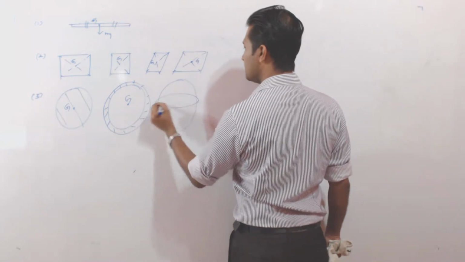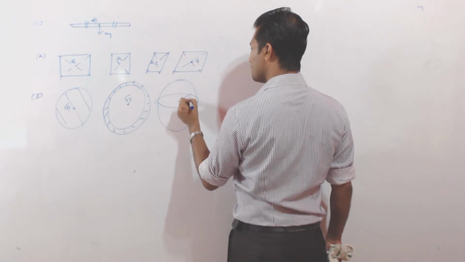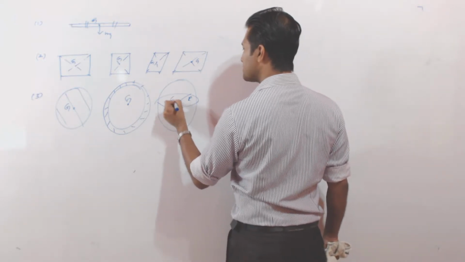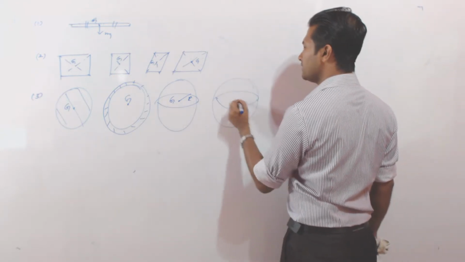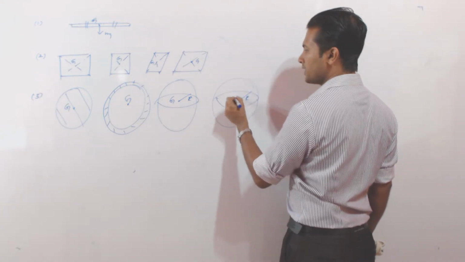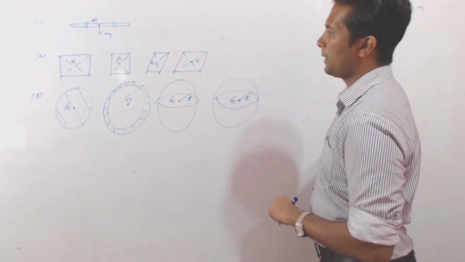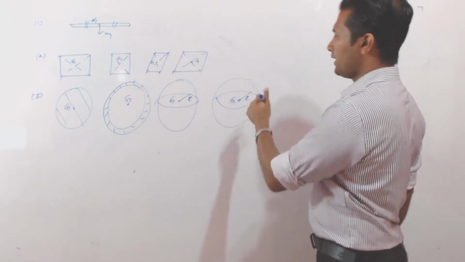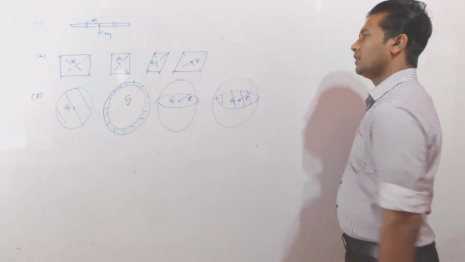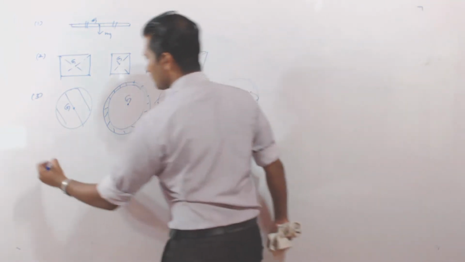Now you can consider a spherical shell, again the center, and a solid sphere, again the center. This is a circular plate, ring, spherical shell, and solid sphere.